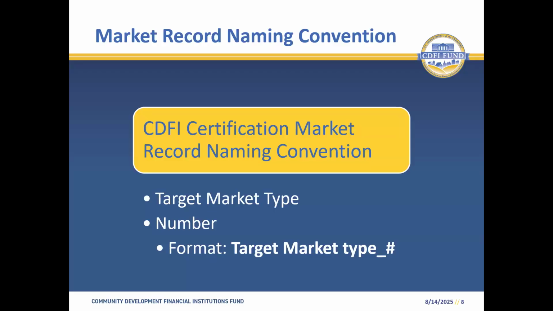We have target market type and number. The format, as you see on the screen, is such that you have the aspect 1, target market type, separated by an underscore that leaves us with the number, the second aspect of the naming convention. I want to explain what each of these naming convention aspects mean separately.